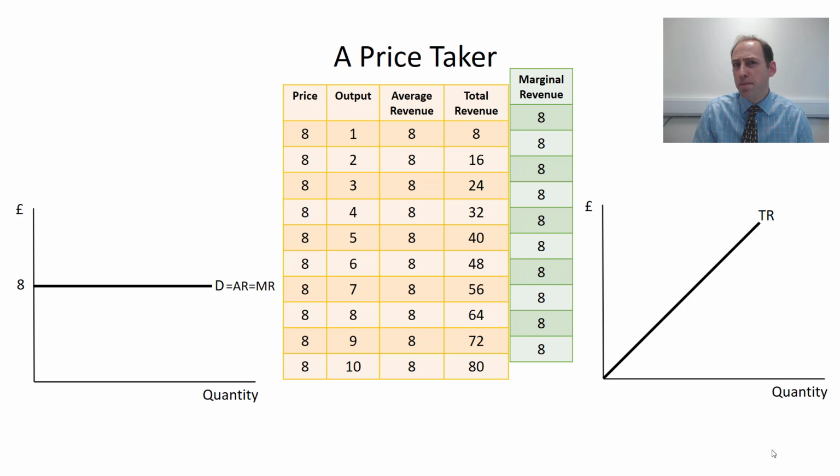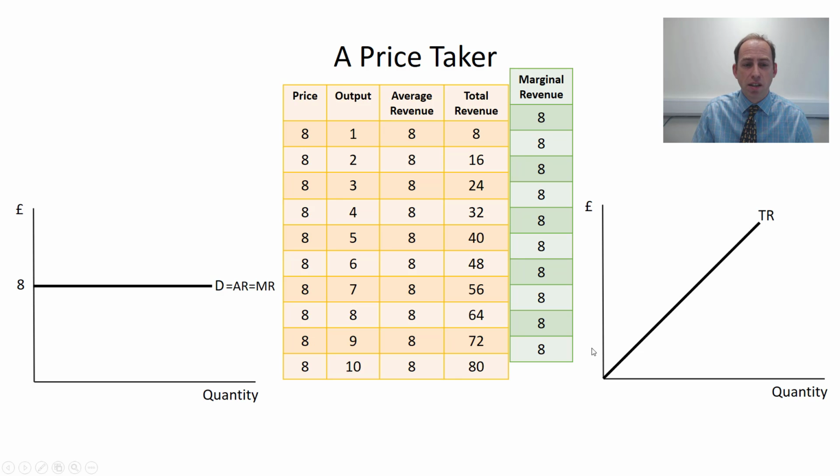And you'll remember the definition of marginal revenue from the last video. The marginal revenue is the change in total revenue when output changes by 1 unit. That's why I've put the marginal revenue in between the outputs that we've plotted on the table. We can see that when output goes from 0, which I haven't actually got on the table, to 1, total revenue becomes 8. So the marginal revenue there was £8.